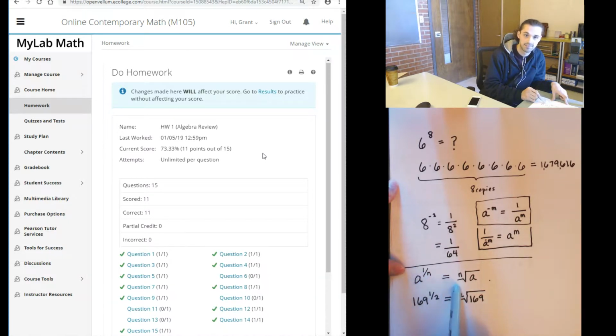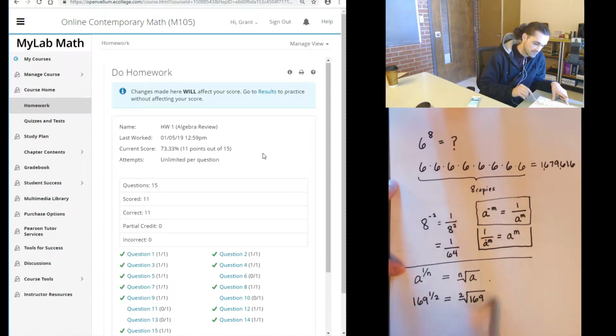That would be the square root of 9, which is plus or minus 3. Really, all we're driving towards here is being able to represent a fractional exponent as the proper radical. So 169 to the 1/2 power is the square root of 169.